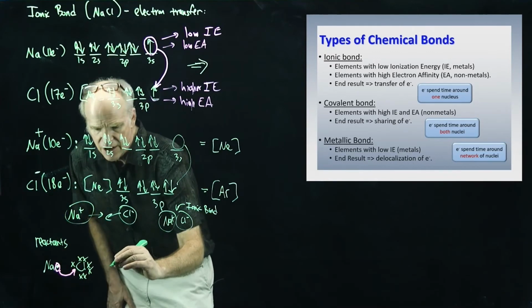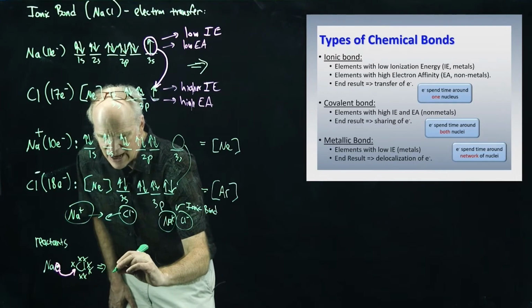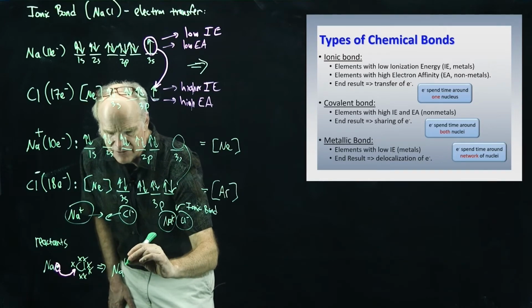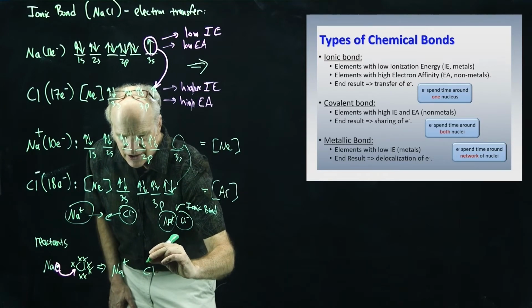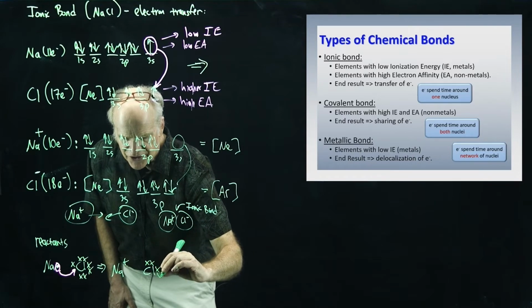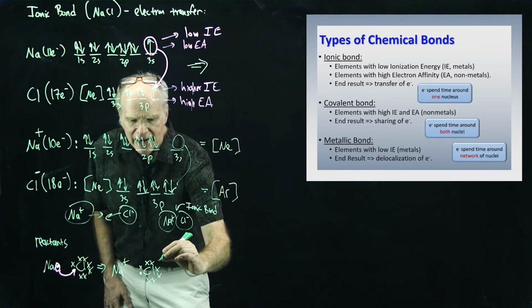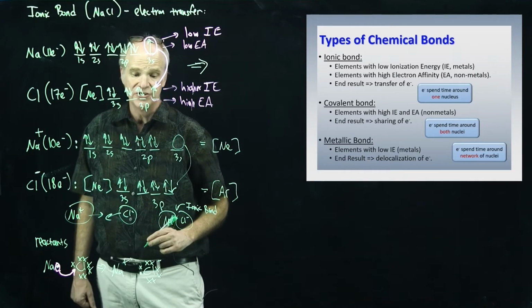And so here, the next step in the process is sodium loses its valence electrons, so we can just leave Na and then have a plus here. And then chlorine has its 7 valence electrons here, plus sodium's old one. So now you can see the chloride ion now has actually 8 valence electrons.